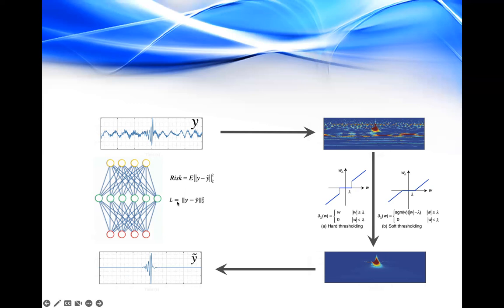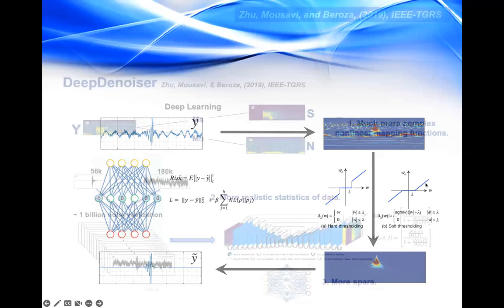To increase the sparsity here, we can add a constraint to the loss function that pushes most of the neurons in the hidden layer to be close to zero. So this is essentially equivalent to the thresholding procedure that we were doing in denoising, which promotes the sparsity.